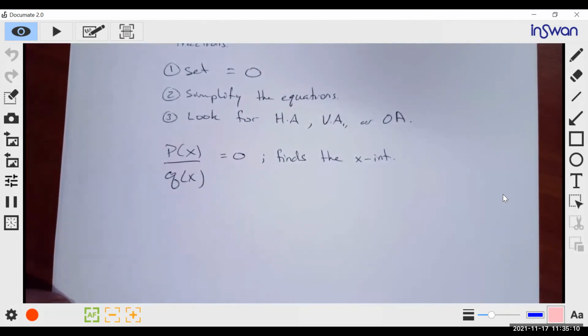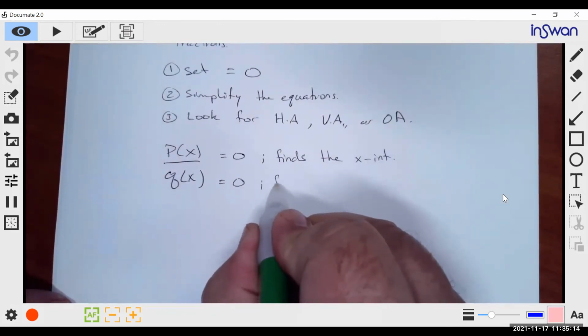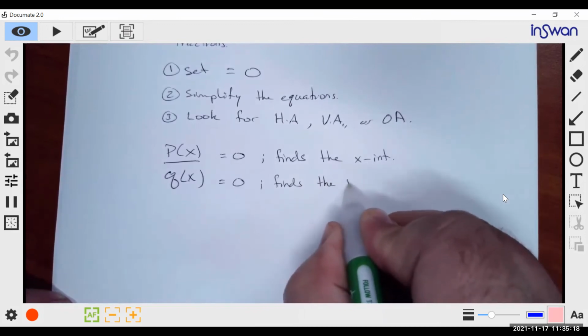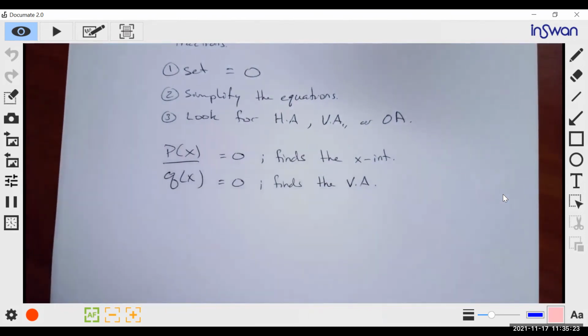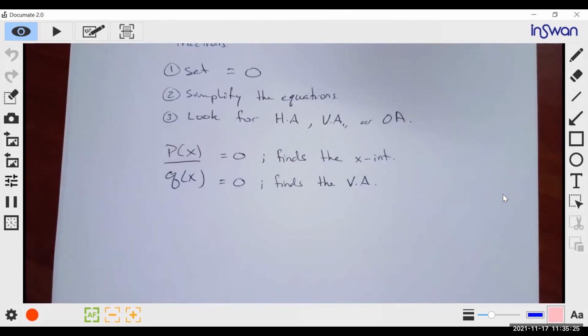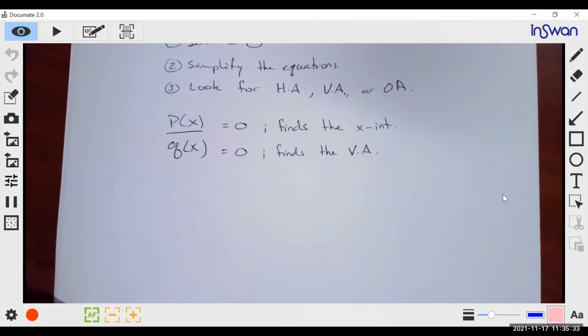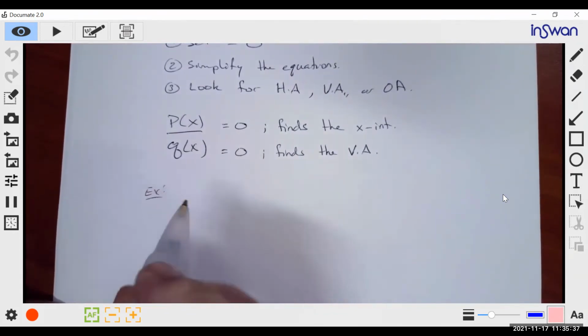If you set the bottom equal to 0, that finds where it's undefined, the vertical asymptotes.